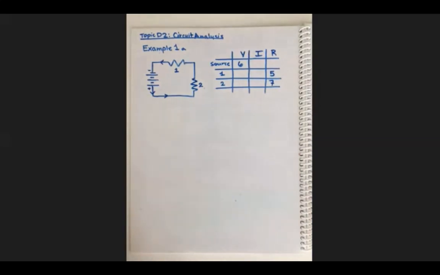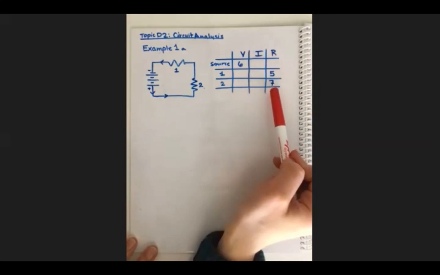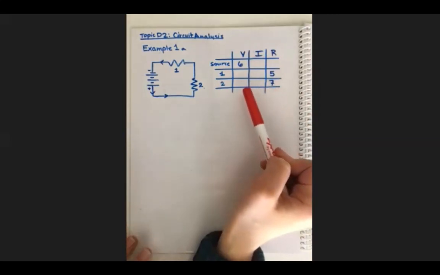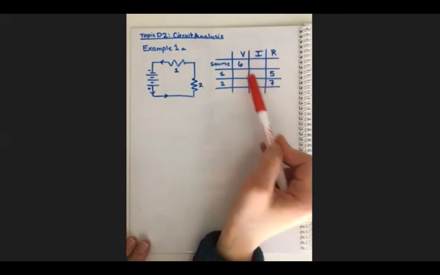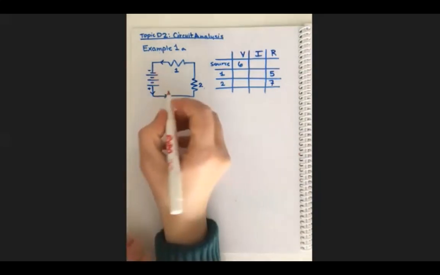In this case, I would observe horizontally. I can't move forward with Ohm's law for any row because I don't have 2 out of the 3 for any row. But vertically, I have all the resistances except for the equivalent resistance of the whole circuit. So my first step will be equivalent resistance.